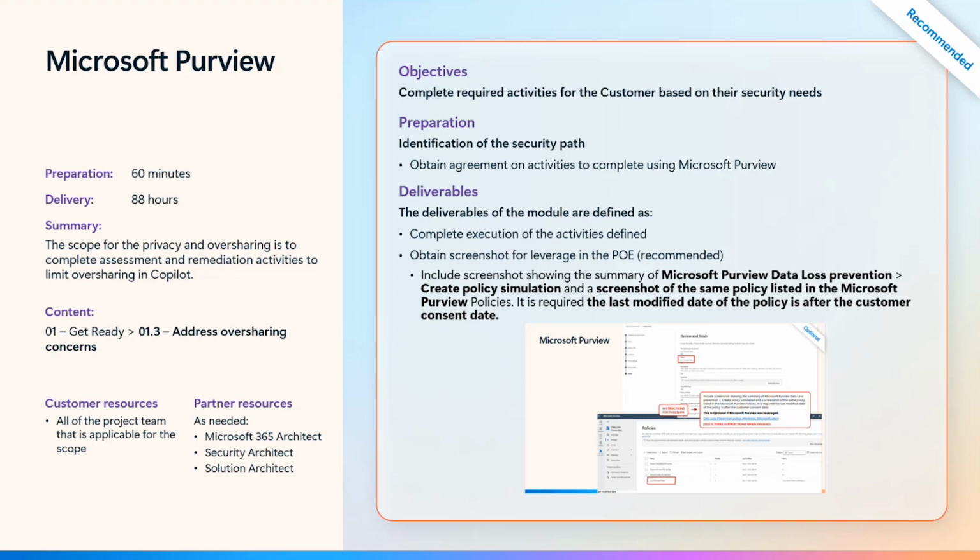I added many screenshots here: data loss prevention, create policy simulation, and a screenshot of the same policy listed in the Microsoft Purview policies. All this you can find on the Microsoft website, and you can check it for more details.